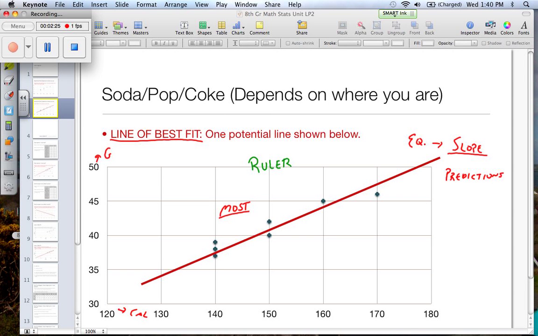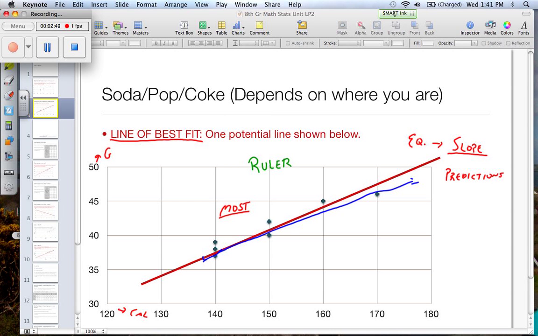Another method is to connect the first data point, or lowest on the x-axis, with the last data point, or highest on the x-axis. So if I did that here, I would have a line that would go something like this. Okay. That is one way to do it. Obviously, I did not have a big enough yardstick to draw that.